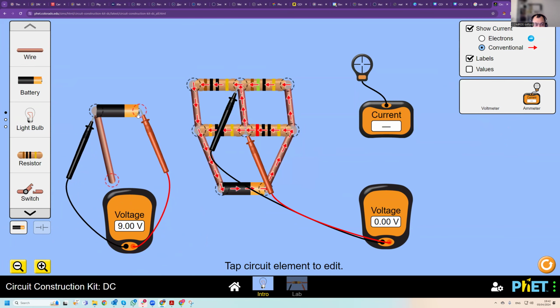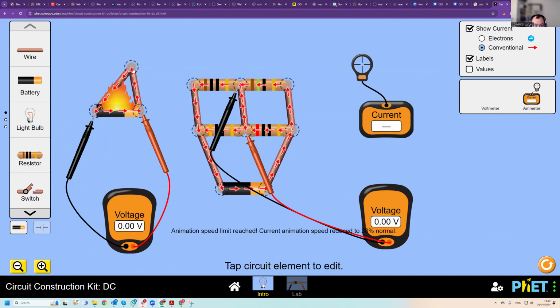So if the voltage is 9 volts, but if I short the battery, the voltage drops to 0 because the wires have no resistance. Yes, of course. You can also use that. Current takes the path of least resistance to see which way it will go.